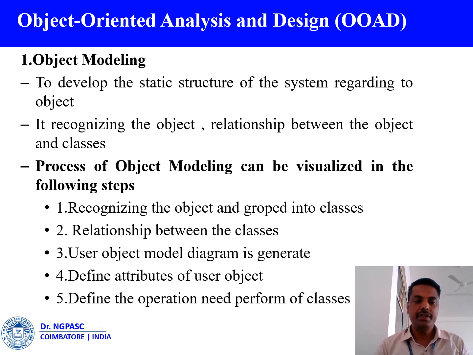The third step is that the object model diagram is generated. After that, we define the attributes of the objects. Finally, we define the operations the classes need to perform. These are all the steps of the object modeling technique.